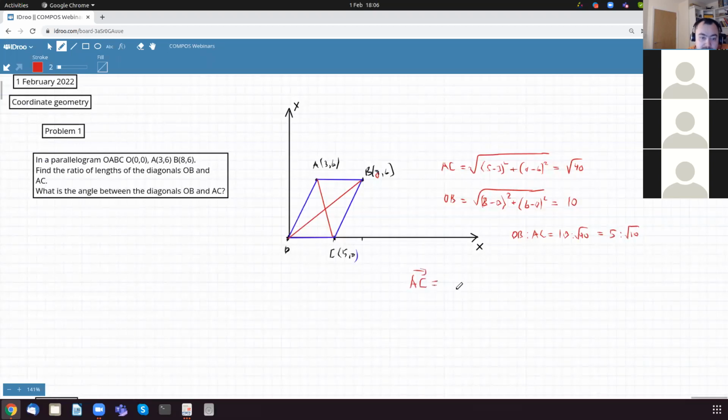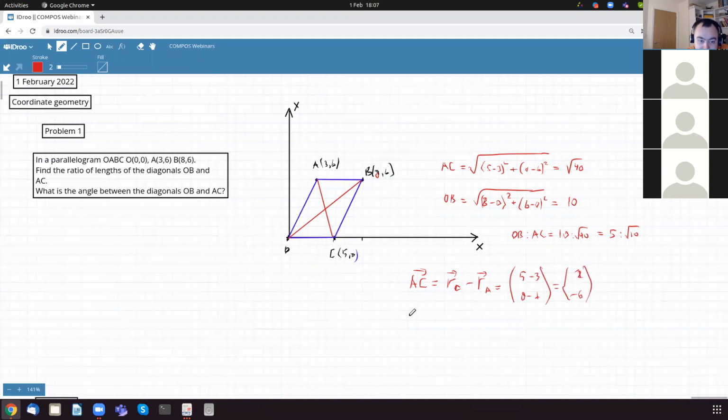AC is C minus A, the radius vector of point C minus the radius vector of point A. And that is 5 minus 3 and 0 minus 6, so vector AC is (2, minus 6).